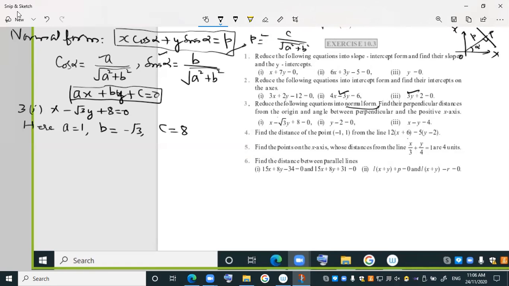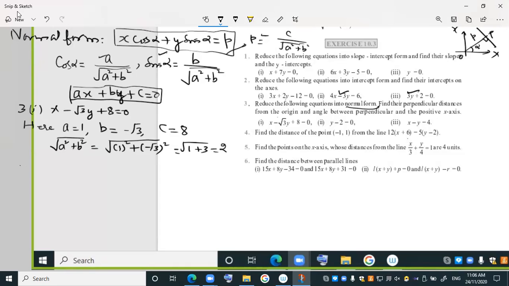So in all the three cases, we have to find the value of under root a square plus b square. So under root a square means 1 square plus b square means minus root 3 square. So 1 square is 1, root 3 square is 3, 3 plus 1 is 4, root of 4 is 2.